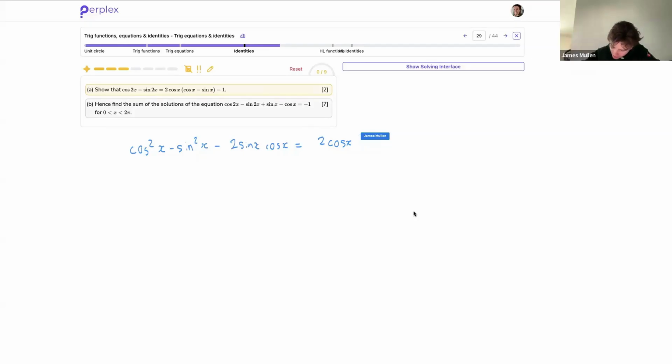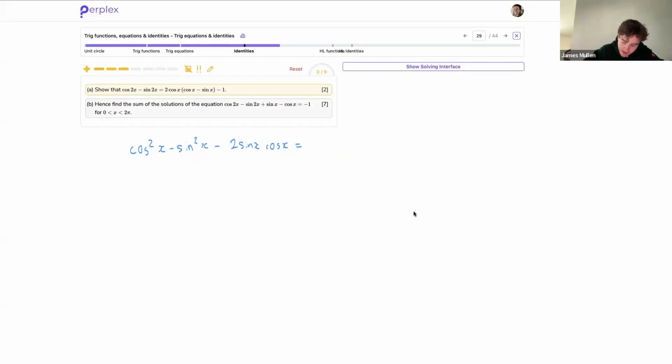Oh, sorry, hang on. I can't write that it's equal to that. I'm trying to show that it's equal to that right-hand side. How can I do that? I want to try and factor out my cos terms. I notice that I have cos squared and then 2 sin x cos x.